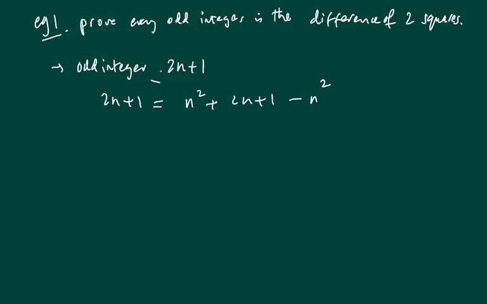And we can see that this part here will factorize into (n plus 1) squared take away n squared. And so therefore, using some algebra, we've shown that every odd integer is the difference of two squares.